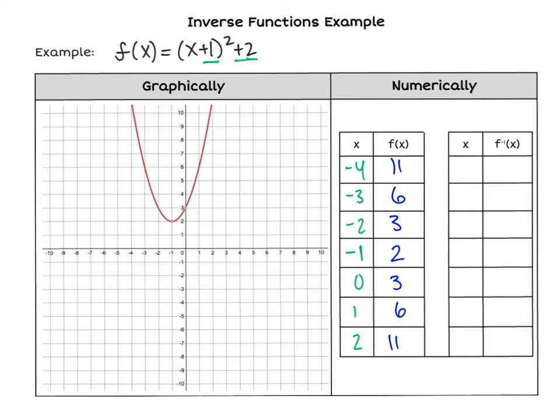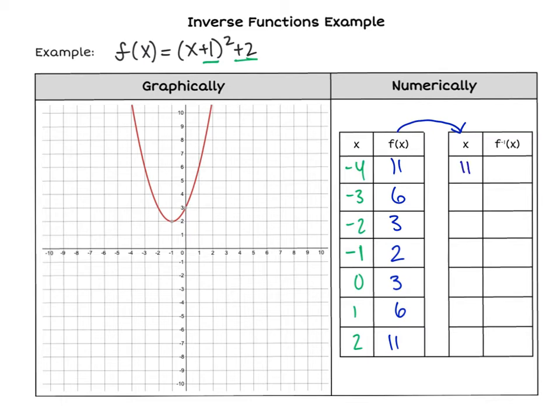Now, these are my values for the f of x function, and now all I have to do is find the inverse function. And again, for the inverse function, you just flip your x and your y values. So my y values for my original function just become my x values.